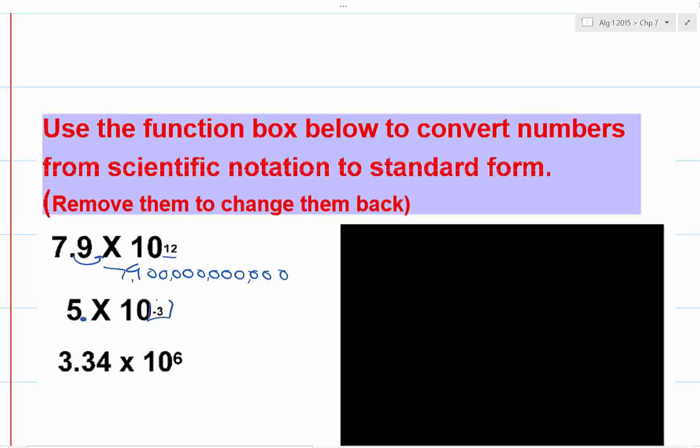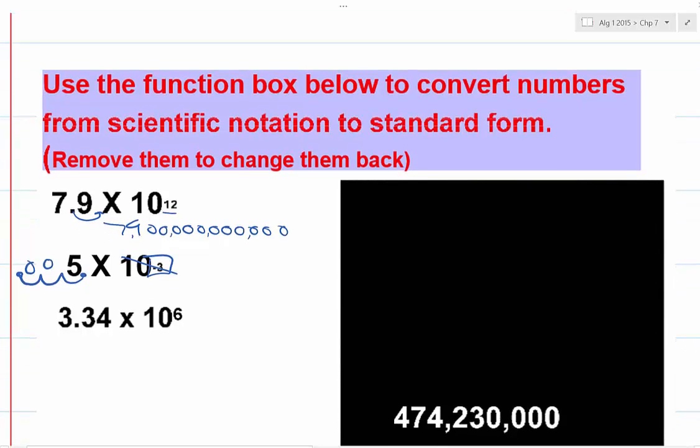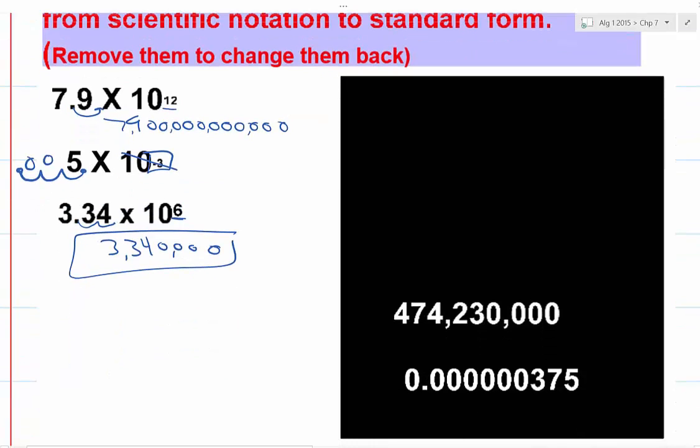This time we're going to go to the left. 1, 2, 3. Okay, so that's what we want to see there, 0.005. And even if there are multiple things there, that's why it has nothing to do with the number of zeros, it has to do with the number of places you're going to move the decimal. So 1, 2, so we still have 4 to go. 1, 2, 3, 4. 4 decimal places. So we're able to translate those.